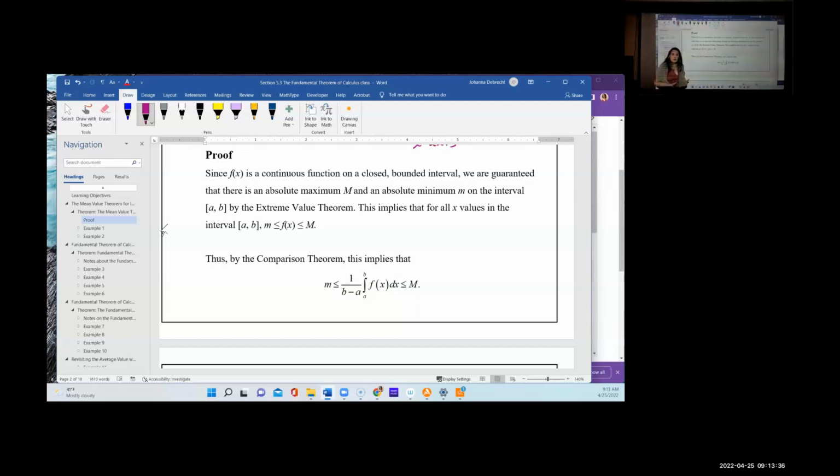On a closed bounded interval, you are guaranteed that it takes on some maximum value, which we'll call uppercase M, and that it takes on some minimum y value, which we'll call lowercase m.